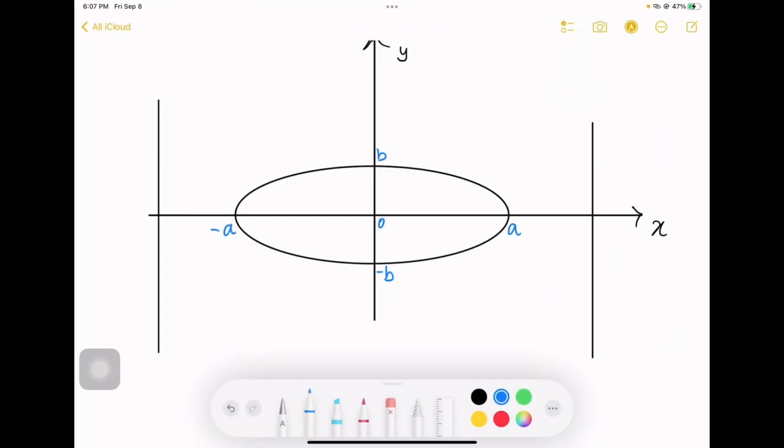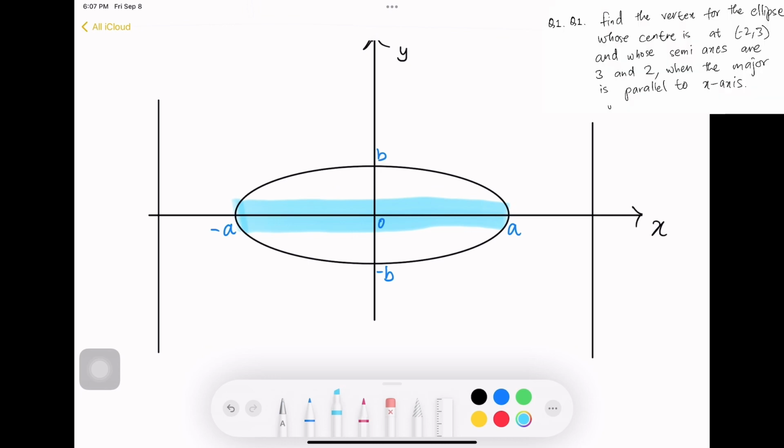Okay, then what is the other thing given? Semi-axis. For an ellipse, major axis means from this vertex till this vertex, right? So this is the length of the major axis. Now, semi means half of that. Since the center point is at the origin, half of this would be from the origin till one of the vertices, right?